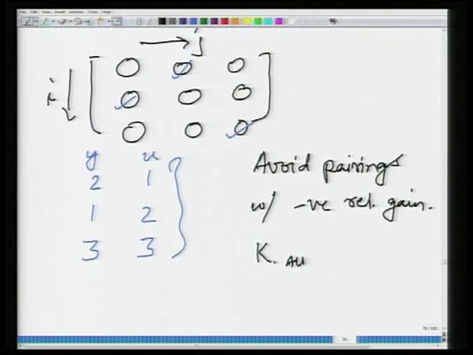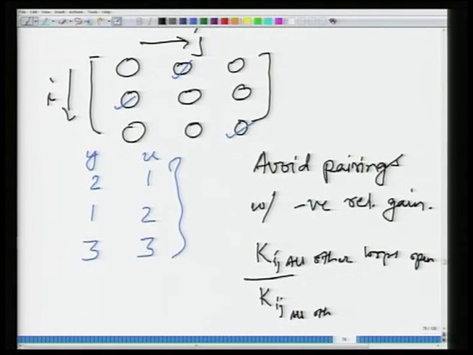See, if I look at the plain English definition of relative gain, it is the gain between the ijth pairing with all other loops open divided by the gain for the ijth pairing with all other loops closed.